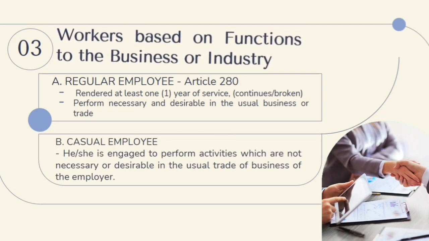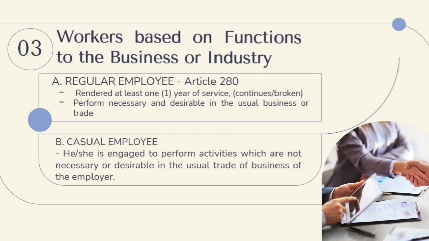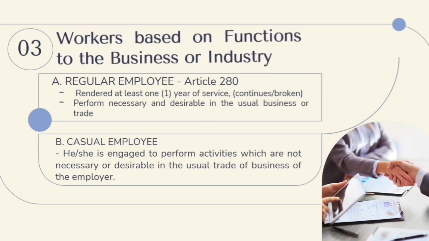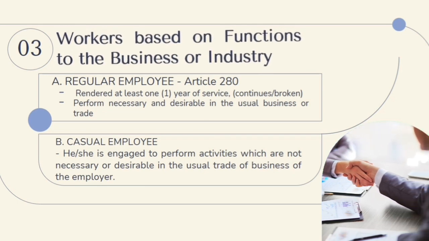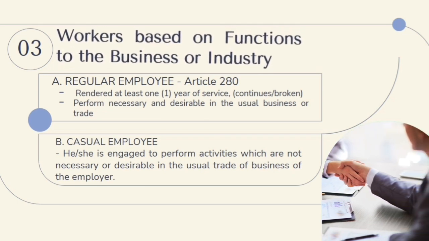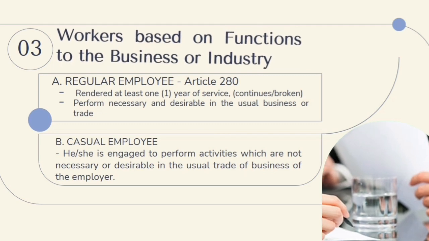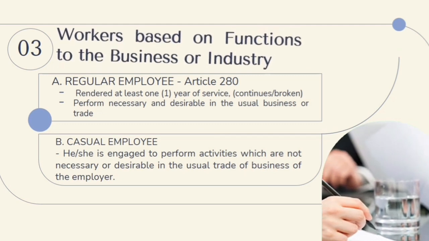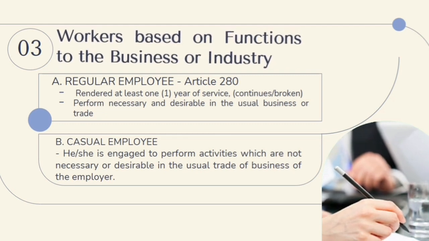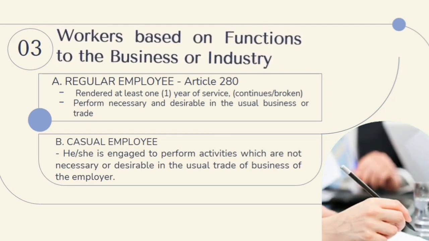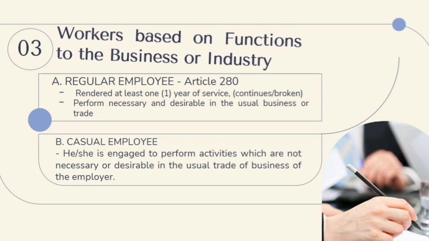He or she is engaged to perform activities which are not necessary or desirable in the usual trade or business of the employer. In this case, class, the work is done on an infrequent basis with no set schedule or time. Therefore, the employment is considered to be casual.